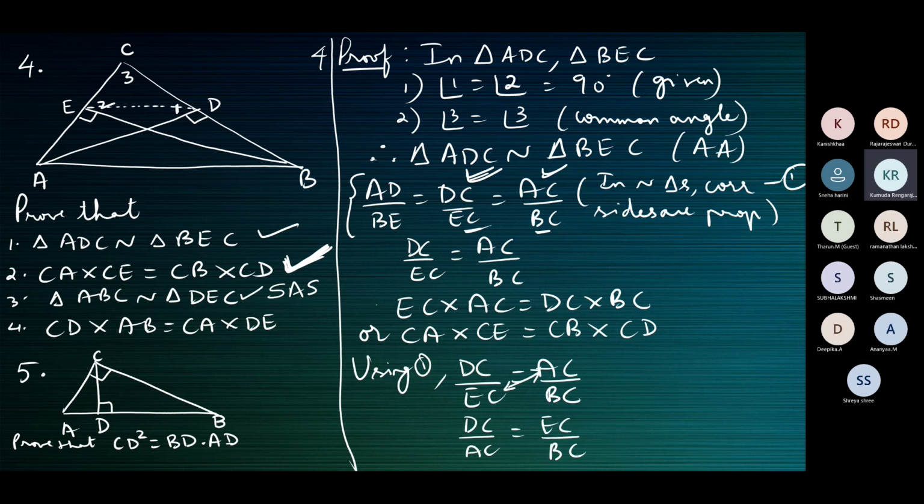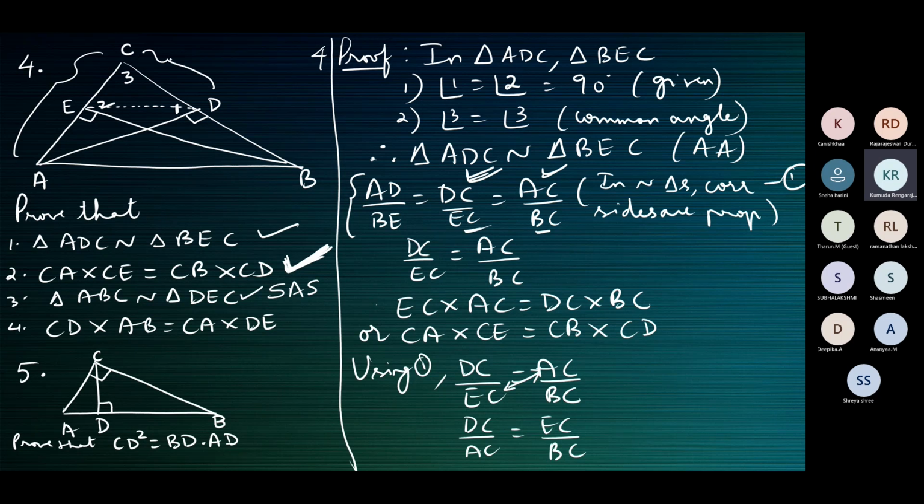See, how should the proportion look to use it for similarity of two triangles? Any side of the small triangle by any side of the big triangle is equal to any other side of the small triangle by any other side of the big triangle. Now you might have this question in your mind: DC is here, AC is here, how can you use a proportion?